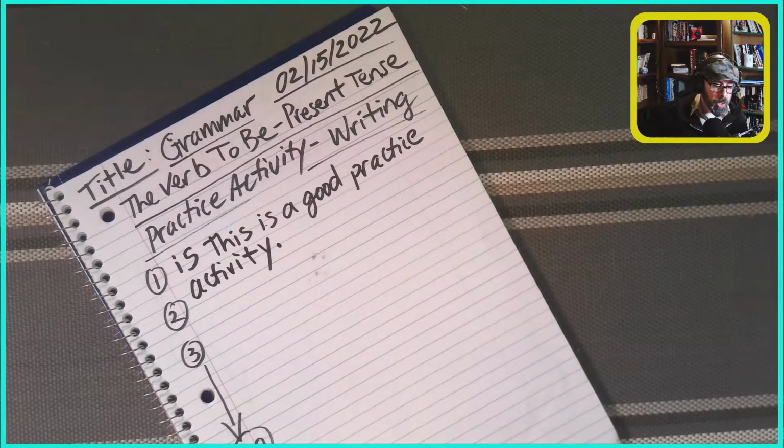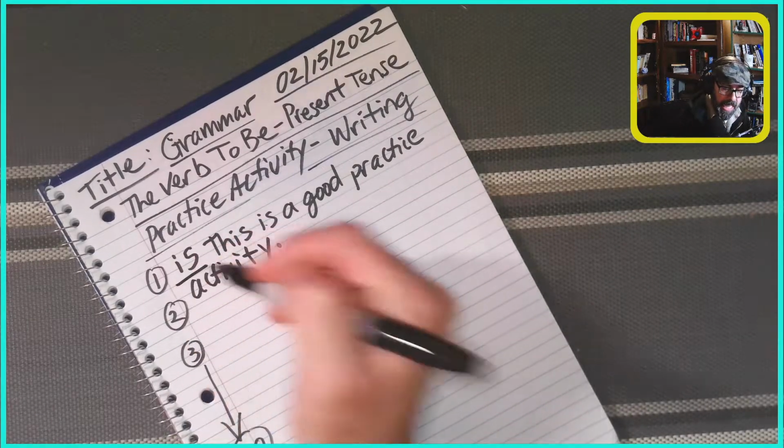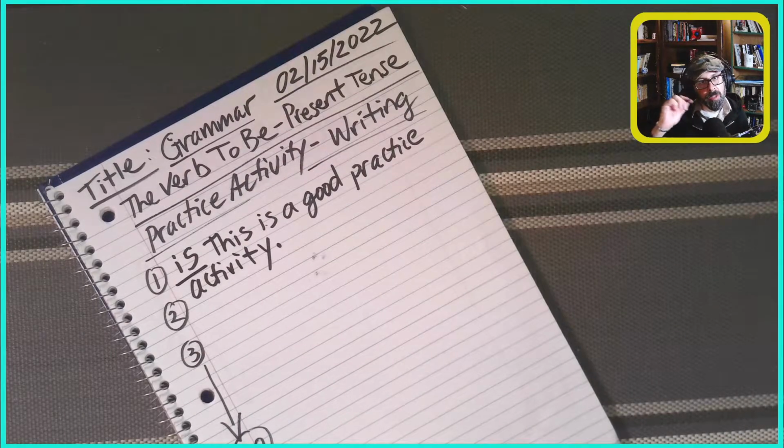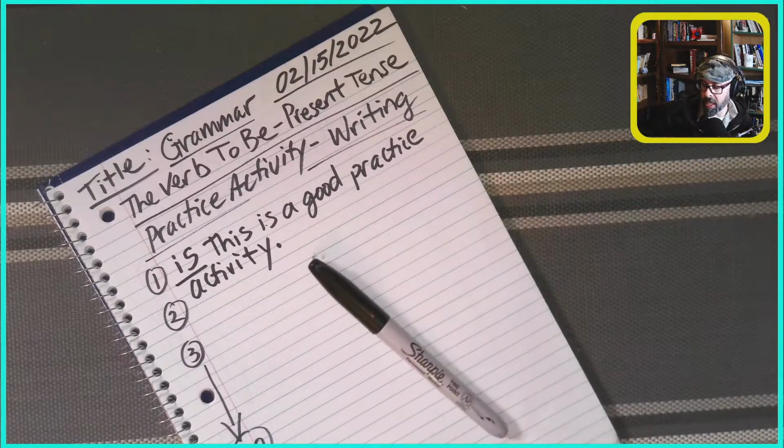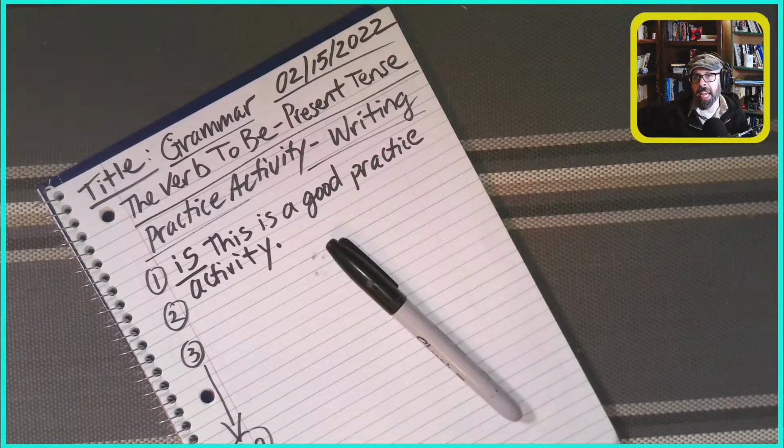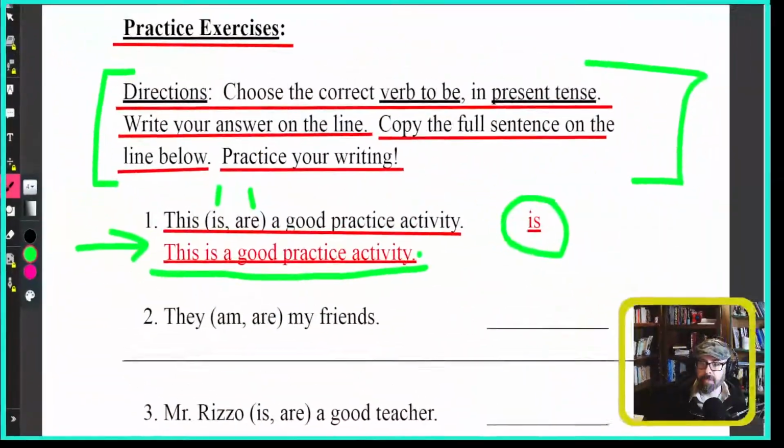So correct answer, is. Full statement, this is a good practice activity. Okay, let's go back to the sheet.